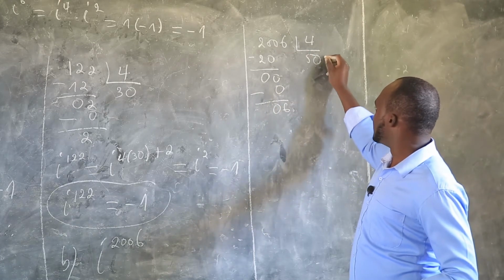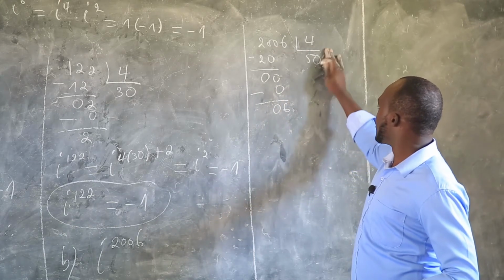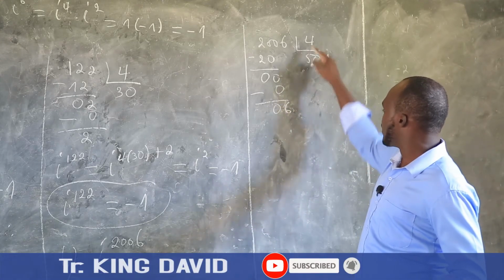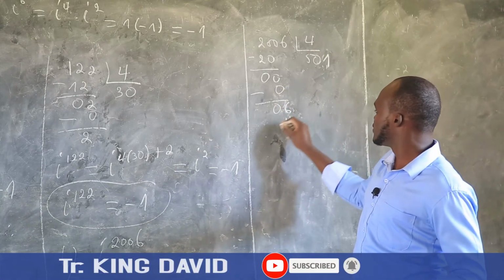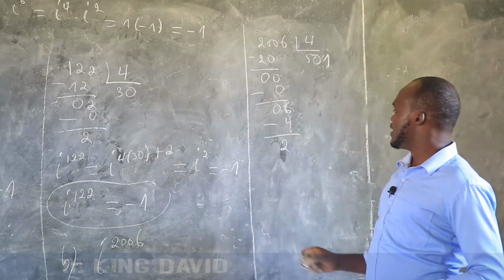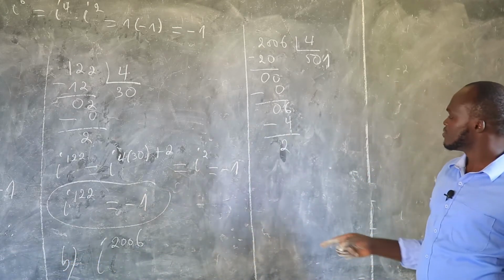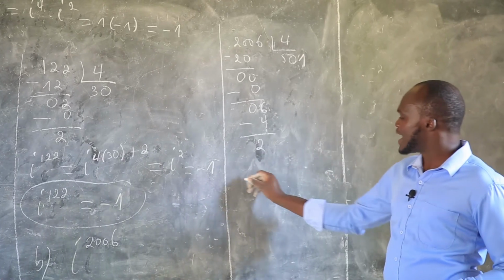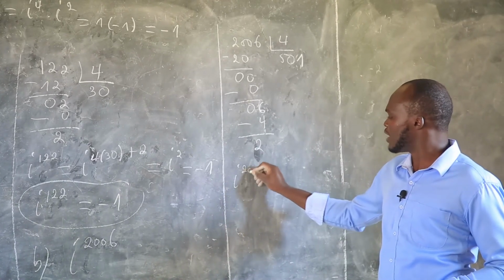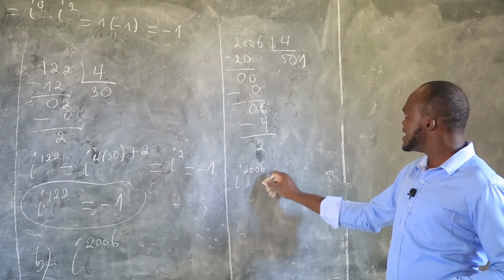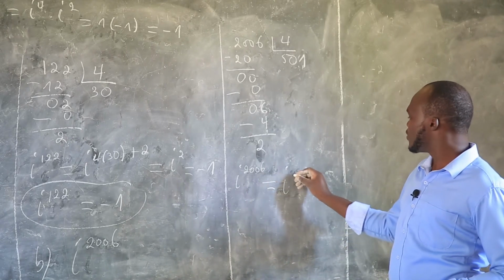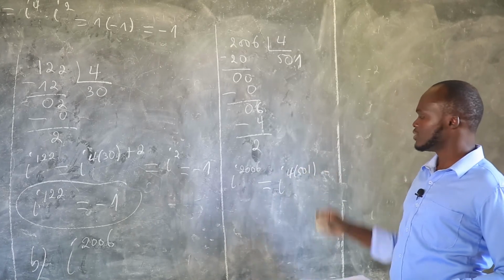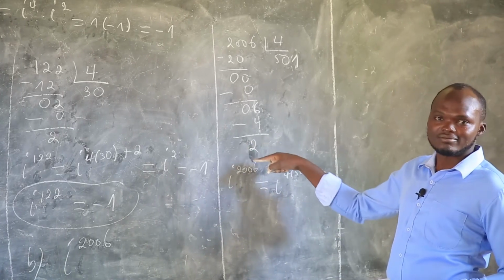I put here 0 as 1. 1 times 4, that's 4. The remainder is 2. So which means that i power 2006 is the same as i power 4 into bracket 501 plus the remainder.